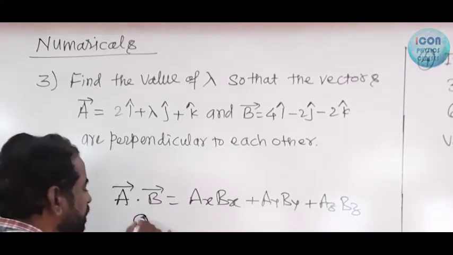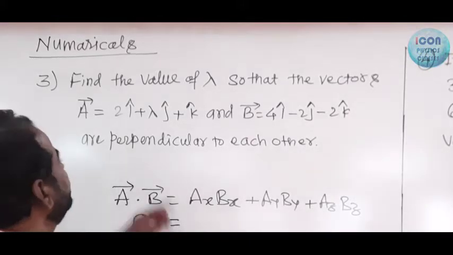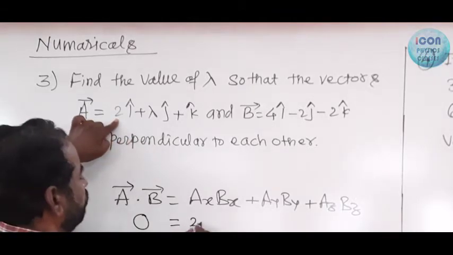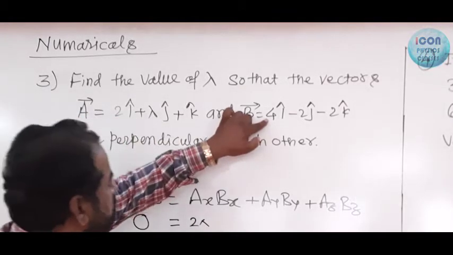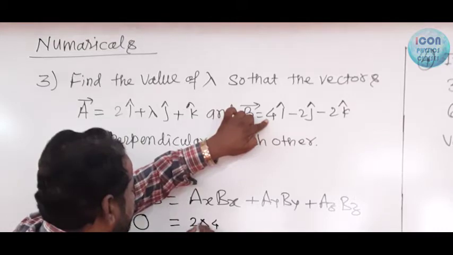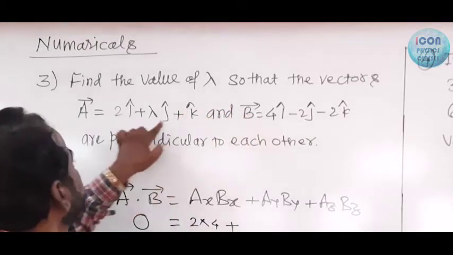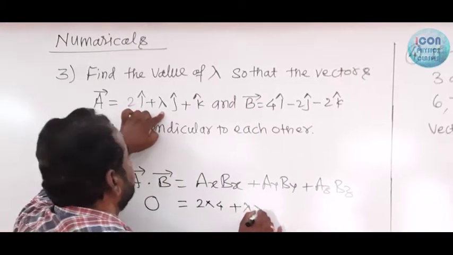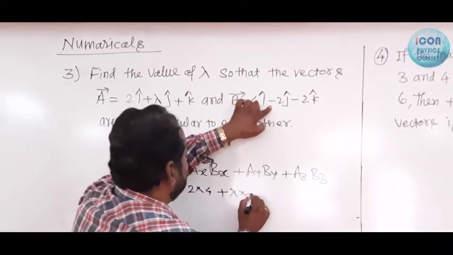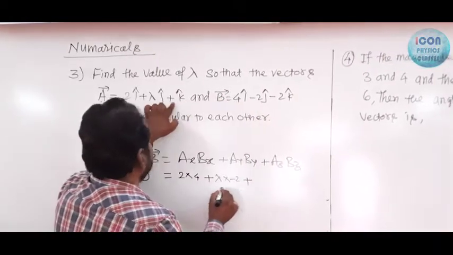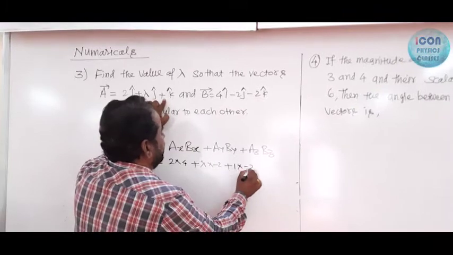So, therefore, 0 is equal to, what is here, 2 and this is 4, right? Plus this is lambda and this is minus 2, plus 1 into minus 2.